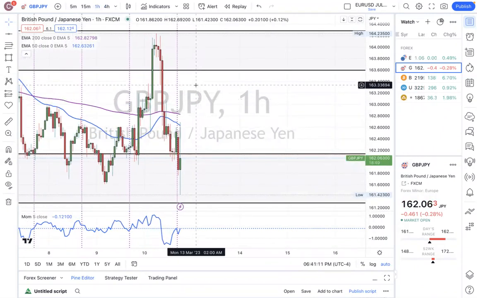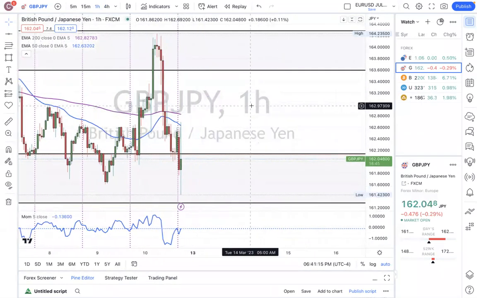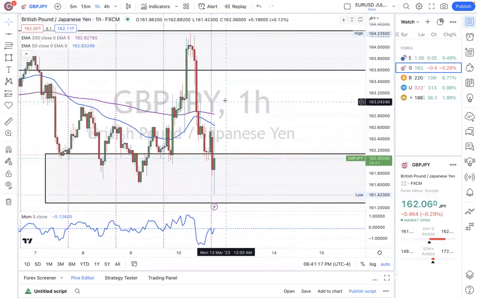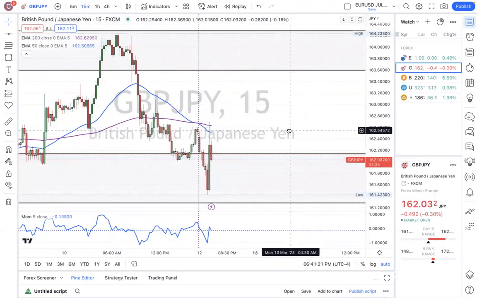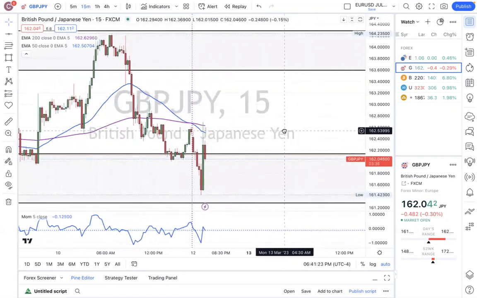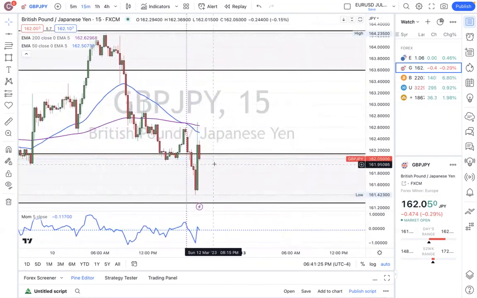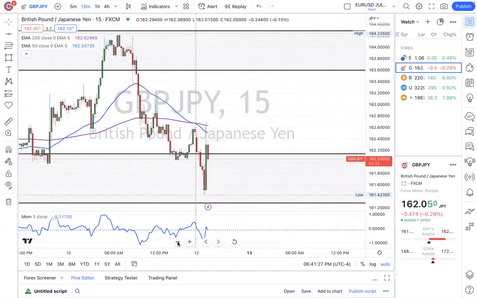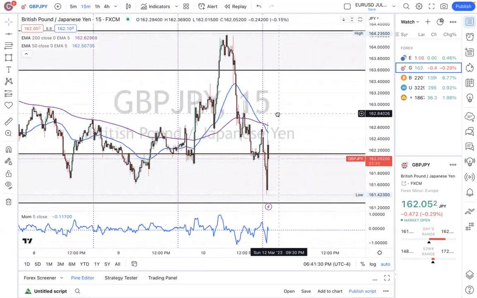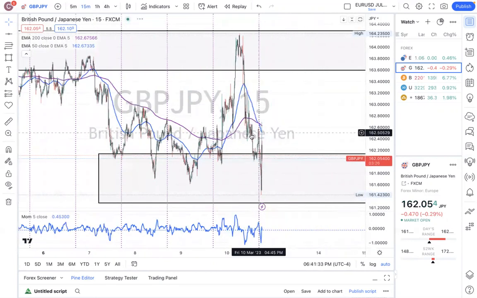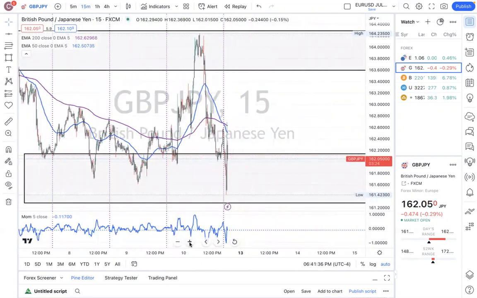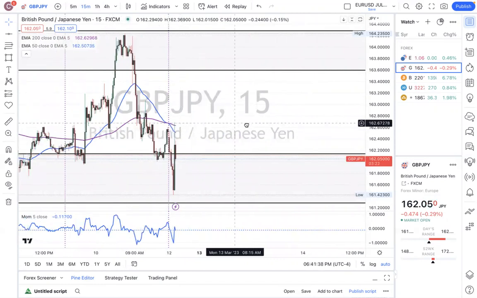And after this example, we're going to transition to HFX. Buy. Okay. What do you think, Raquel? Let me go to 15-minute. Yeah, I would definitely say buy as well.